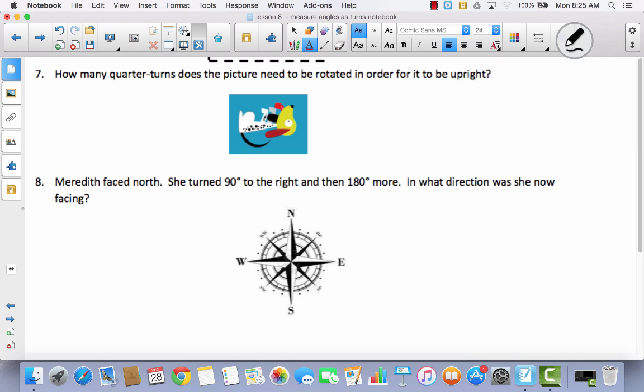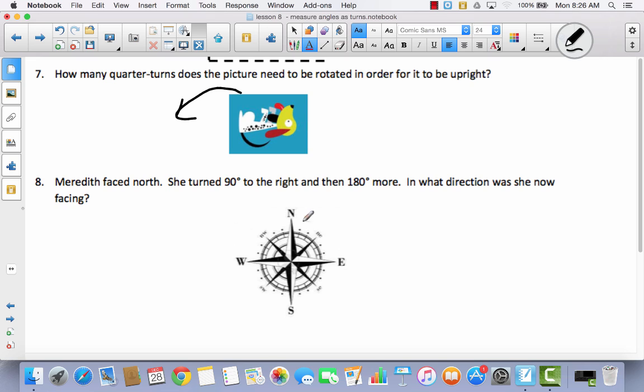All right. How many quarter turns does the picture need to be rotated in order for it to be upright? Well, depends on which way you turn it. You could turn the page once this way, 1 quarter turn, and that would make it upright.